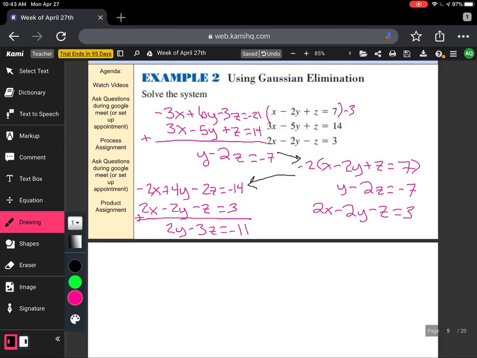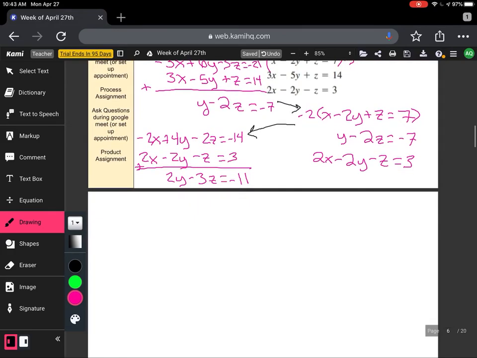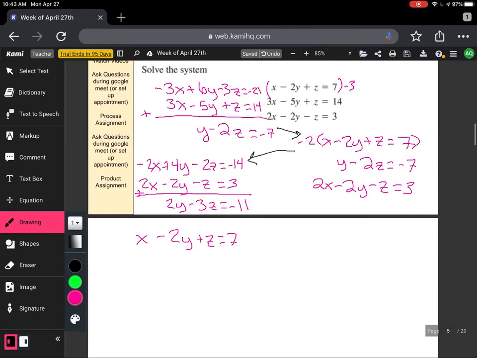All right, so now we've simplified equations 2 and 3 to not have x variables. So what I have now is x minus 2y plus z equals 7, right? That was my first equation. I simplified equation 2 to have no x variables. Where is that? Up here.